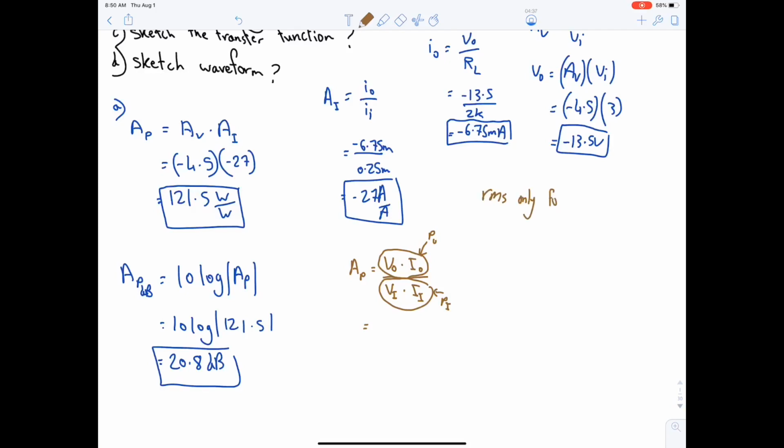Whenever solving for P output or P input, we need to use the RMS values. So now, what's V output?